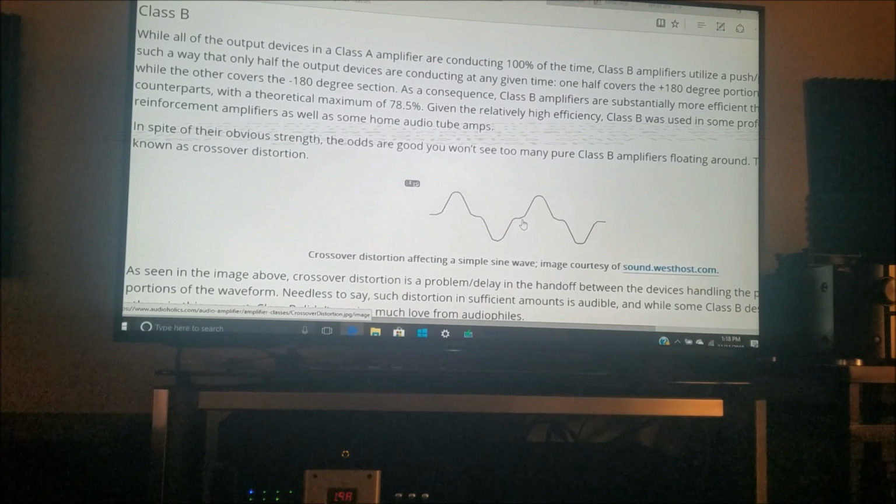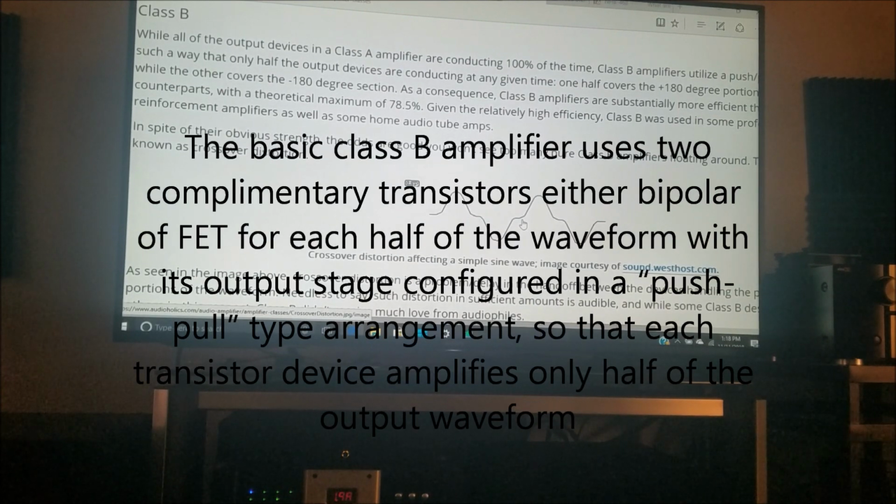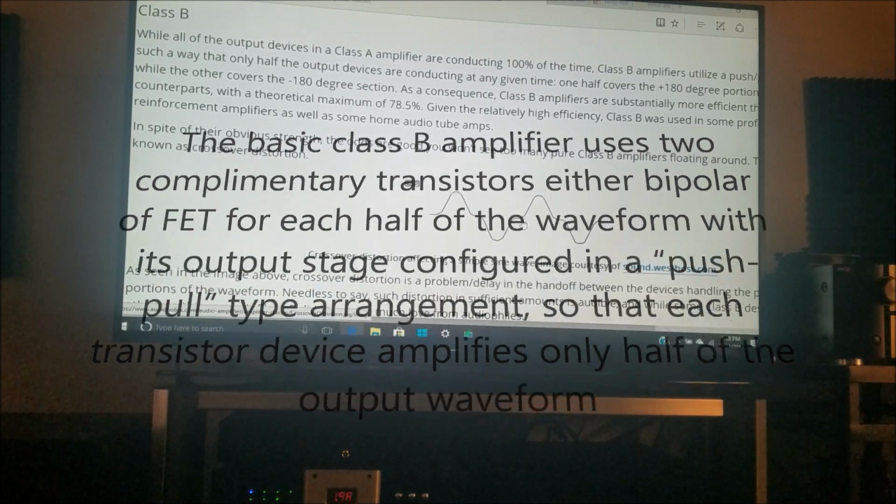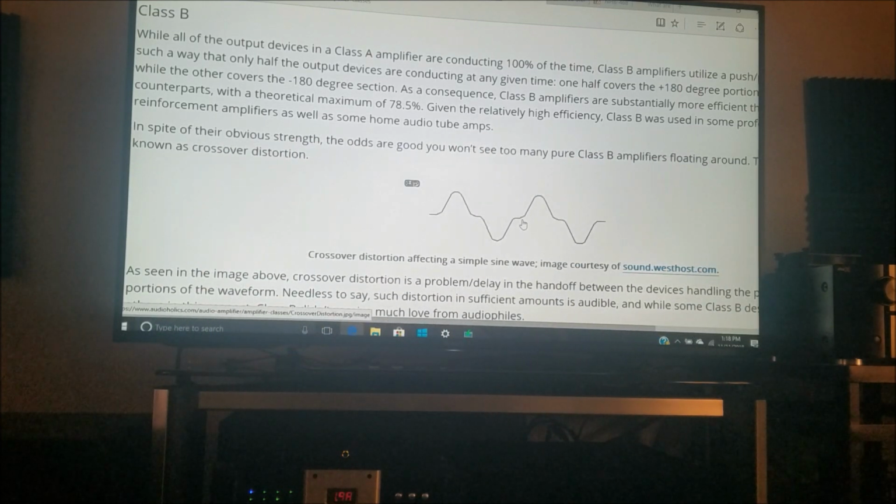So what's the next letter in the alphabet? Well, B. And I'm not going to get too technical or go into things in too much depth here, but I do want to say that Class A amps are extremely inefficient, and we understand that. In fact, they can only get to about 25% efficiency with normal designs, and 50% is the maximum for a transformer or inductively coupled configuration.